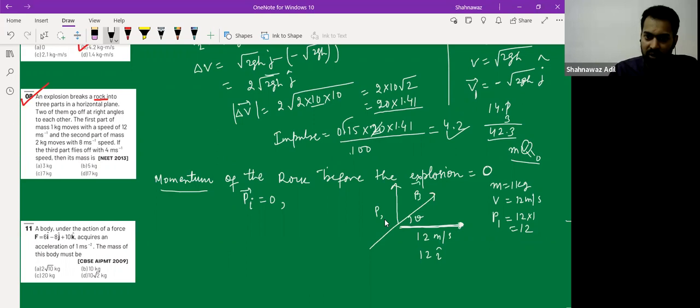So this is P2. Mass is 2 kg and velocity is 8 meter per second.